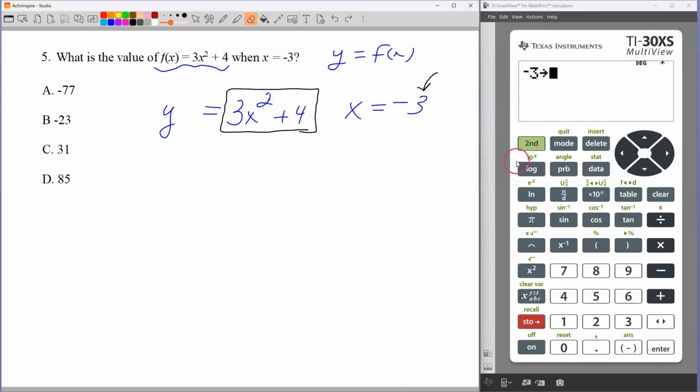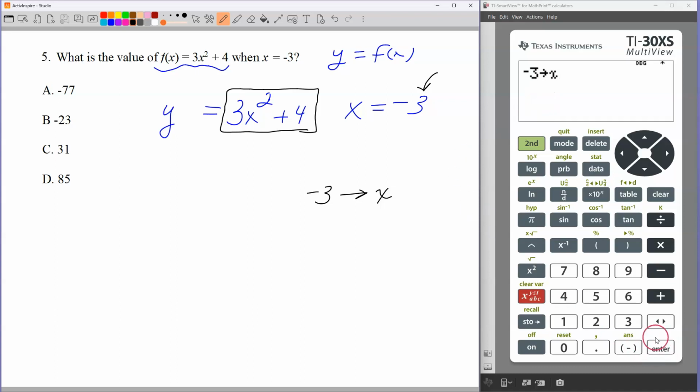It's kind of hard to see. So after I hit that, then I hit the button right above it. If there's an X there, just hit this once, right here. And the calculator says this, negative 3, arrow, X. That's how you use the storage feature.